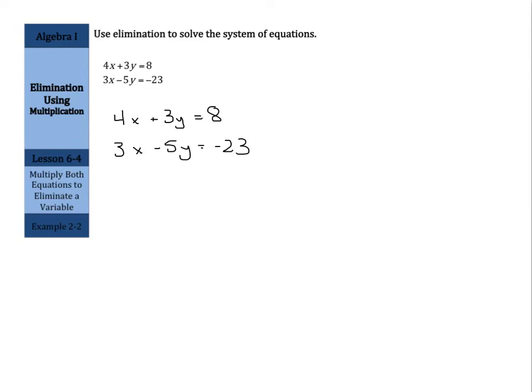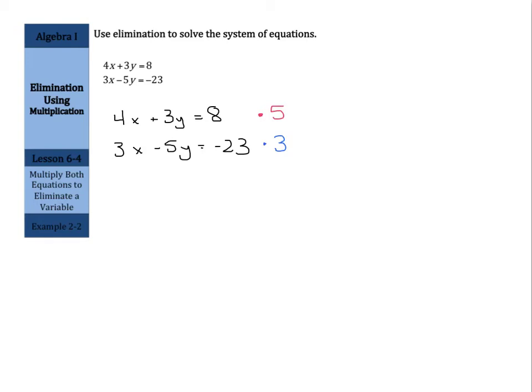Now, one of these terms is already negative, so we don't need to worry about multiplying one by a positive, one by a negative, because if we multiply both by a positive, it'll naturally cancel. Now, what positive number? Well, this is a 3 and this is a 5, so I would switch that. I would multiply my top equation by 5, and I would multiply the bottom equation by 3.